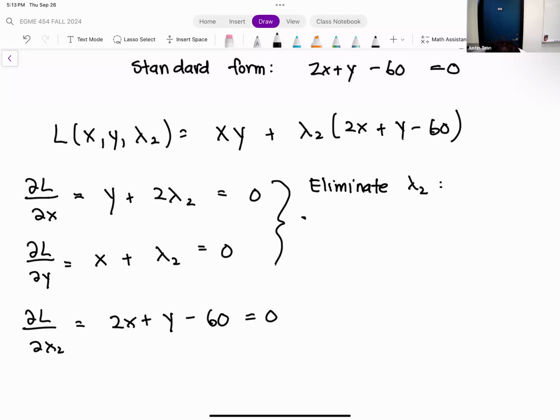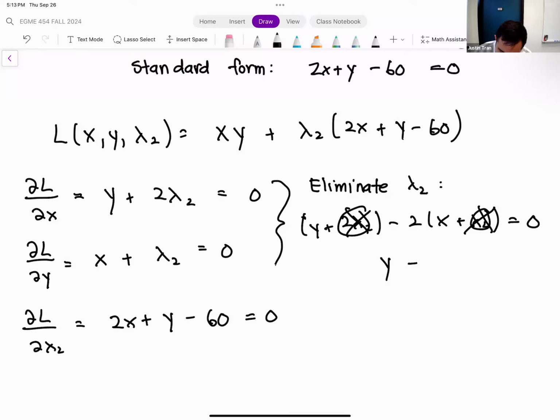So we have y plus 2 lambda 2 minus 2 times x plus lambda 2, equal to 0. The lambda 2 terms cancel out, and what we're left with is y minus 2x equal to 0. In other words, y is equal to 2x.